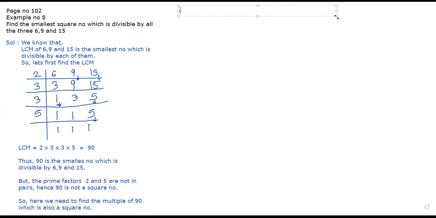Correct, so 10. So we need to multiply both the sides by 2 into 5. Yes or no? Yes, sir.